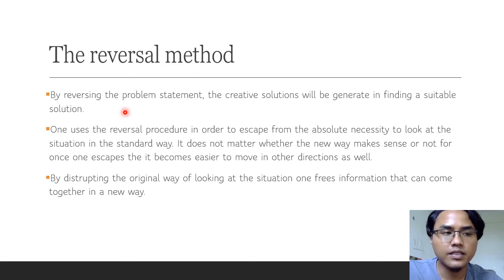We must think outside the box. So we can make the new way make sense or not, to make escaping the problem easier. After that, we can think about other solutions to solve other problems.